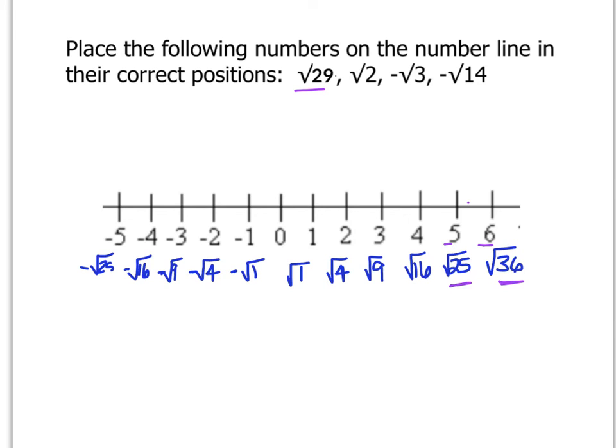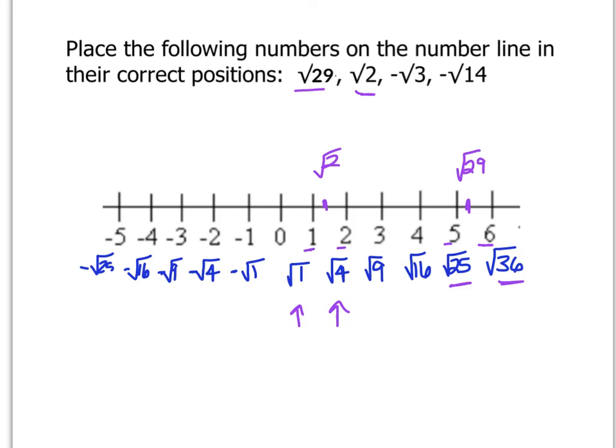I wouldn't say it's halfway in between, so I'm going to go ahead and put it right about there. It's not exact. Square root of 2 is in between the square root of 1 and the square root of 4. It's in between, therefore, 1 and 2. Slightly closer to 1, close to that center, so I'm going to put it right there.